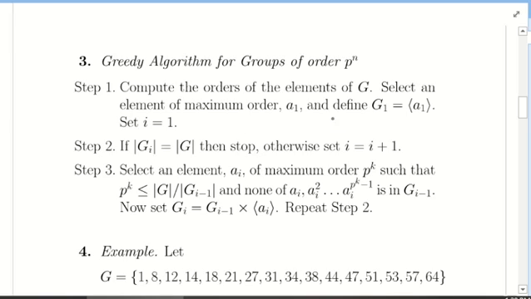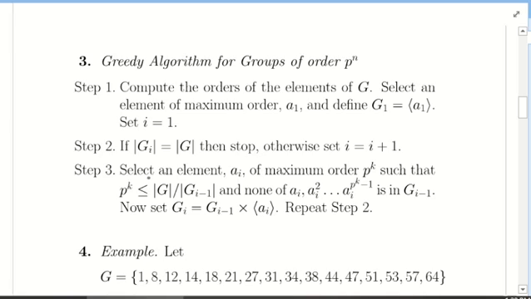Now, if G sub I, in this case G1, has the same order as G, then we stop, because we found the representation of G as a product of cyclic groups. Otherwise, we set I to its next iteration and go to step 3 and do this iteratively until we have a representation of G as an internal direct product of cyclic groups.